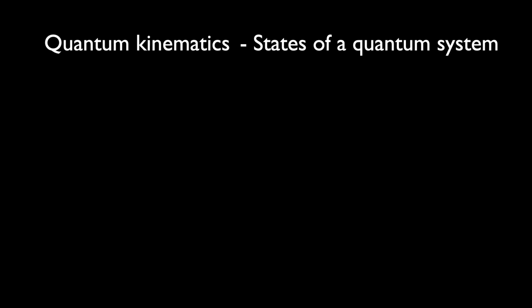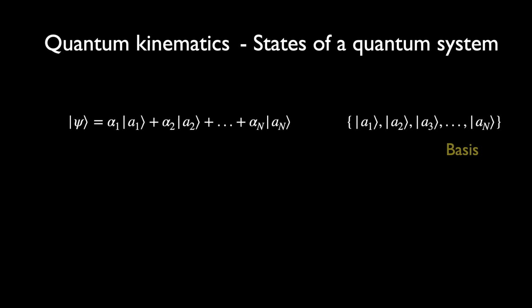We continue with our discussion of quantum kinematics, which is how we describe the states of quantum systems. In the last video, the notion that quantum states are vectors in a Hilbert space was introduced, and these vectors are denoted by kets in Dirac's bracket notation, which can be expressed in terms of elements of a vector basis. These elements are eigenvectors of some observable A, which can be represented by a Hermitian operator.